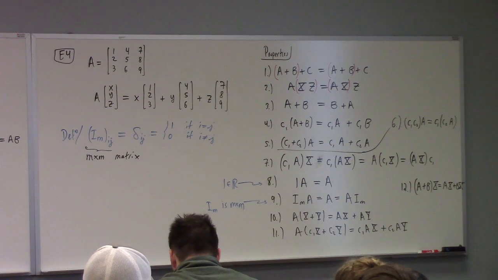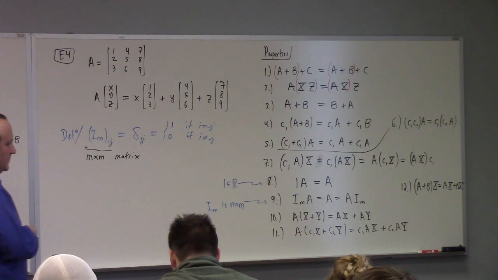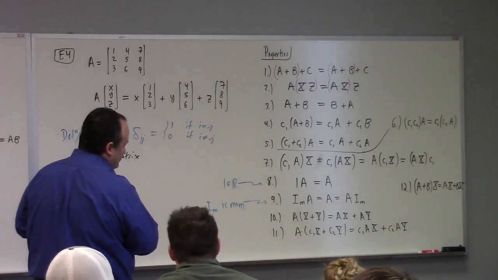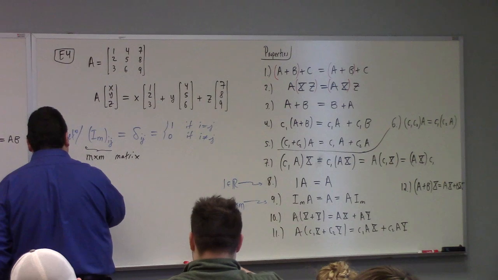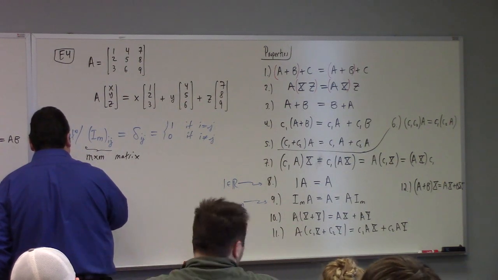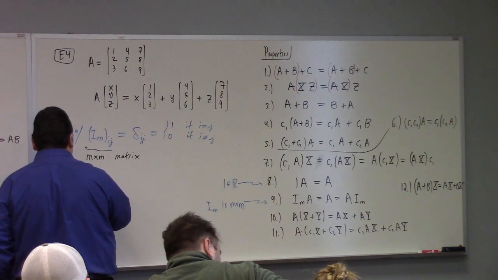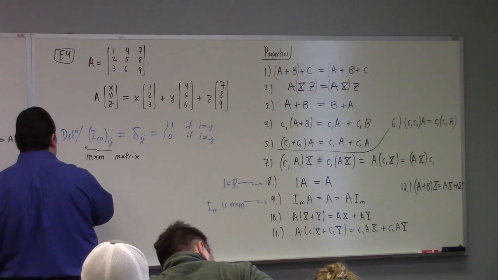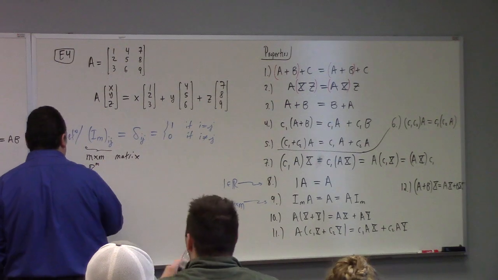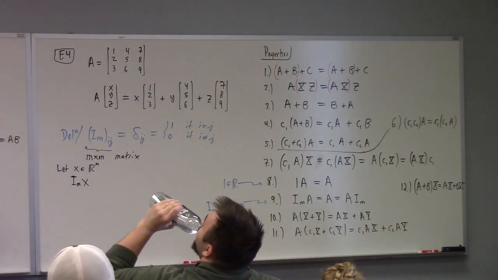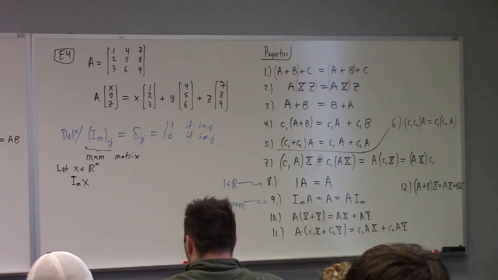Let me prove some aspect of this here. If I have IM times x, let x be in R^m, so suppose x is an M vector.